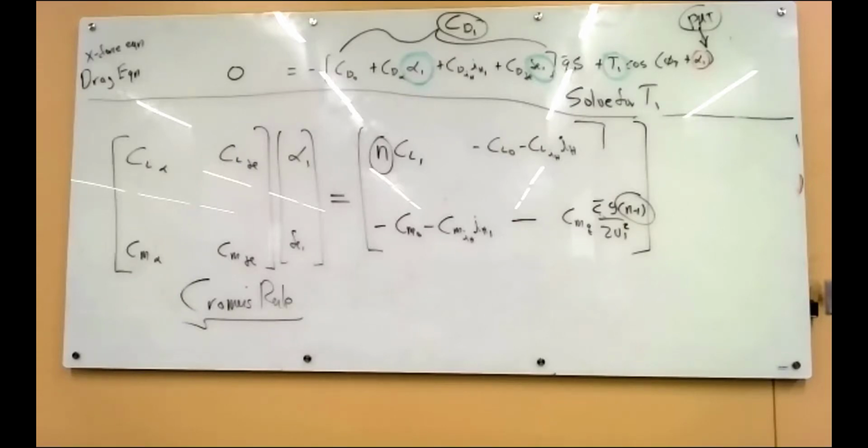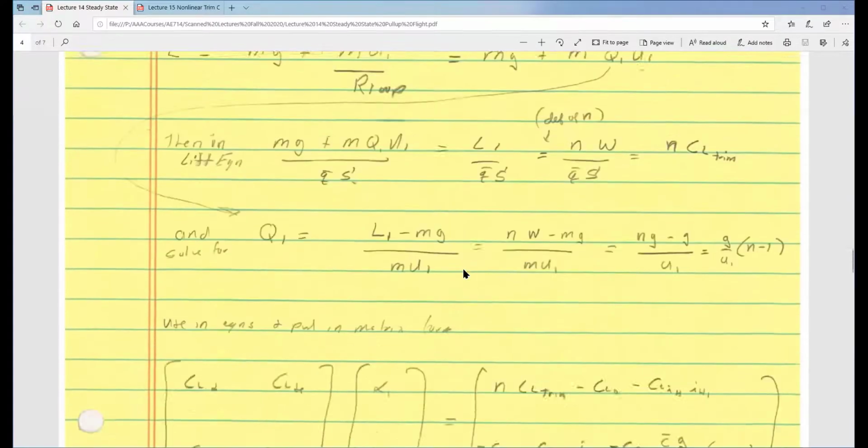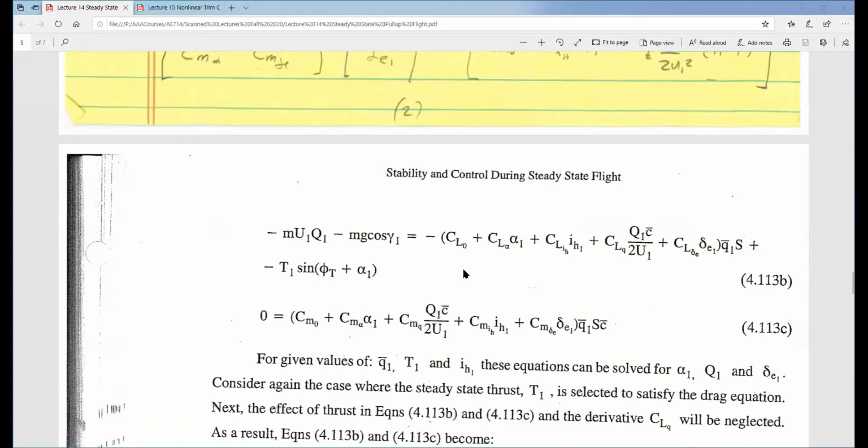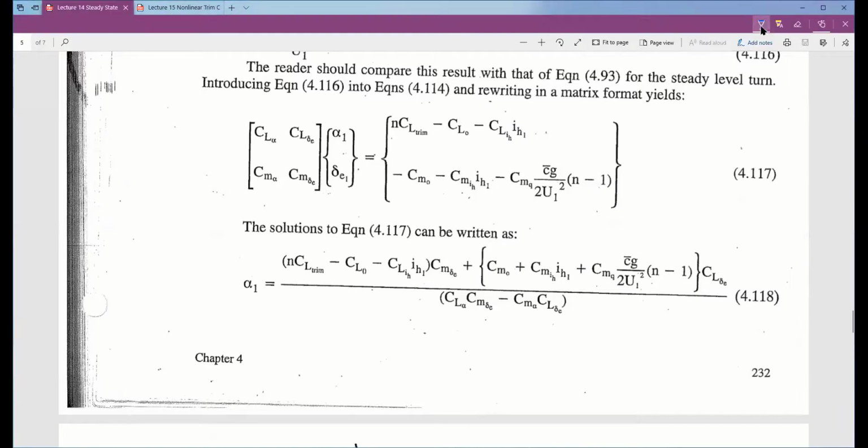So the solutions are in your book. There's the matrix problem we just formulated, and he shows the solutions. Here's the solution for alpha, page 232.